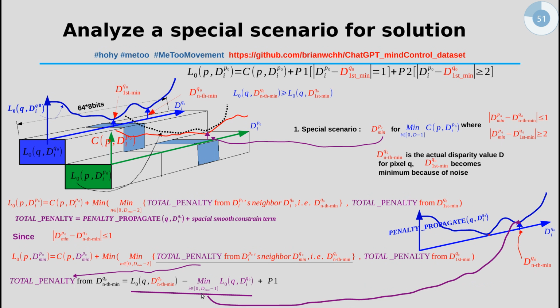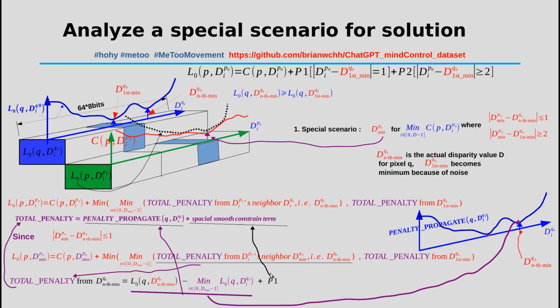So this is the penalty propagated value, also the penalty itself. If this penalty is small, that means it's highly possible that this is the right disparity for this pixel Q0.